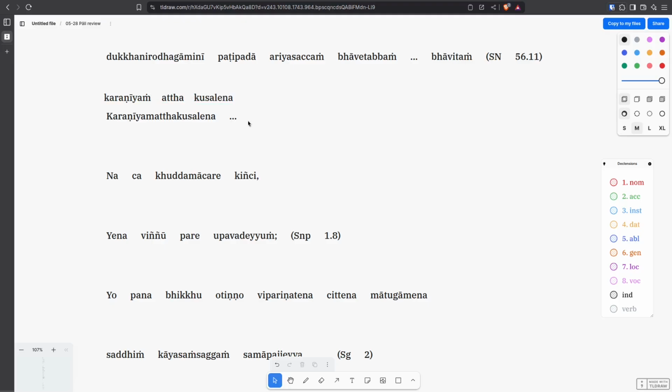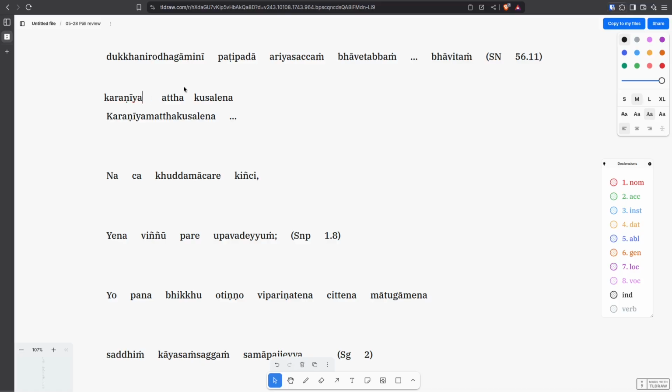Yeah, sometimes this is written as two separate words, karaniyang and then attakusalena as another word, but sometimes it's compounded into one word like you have it. In that case, the dot above the final m disappears, so it becomes one word, karaniyam atakusalena.